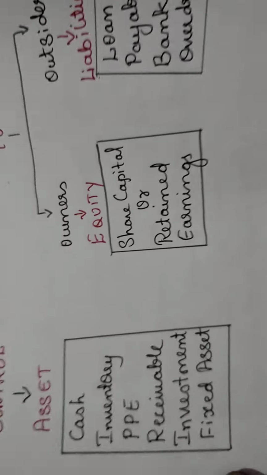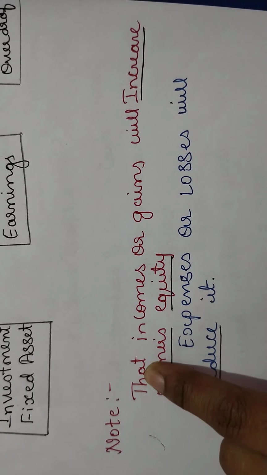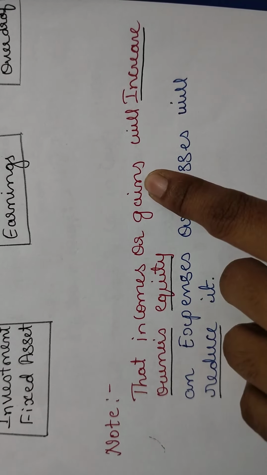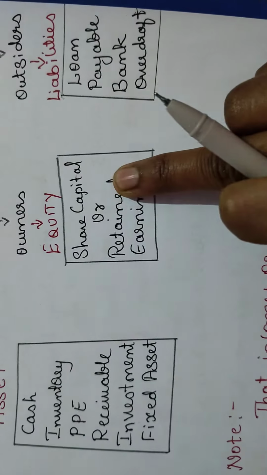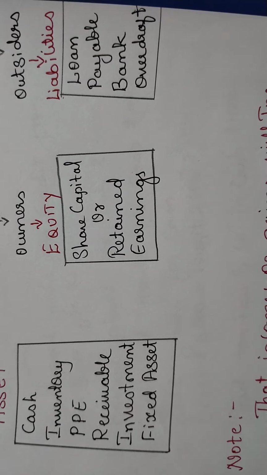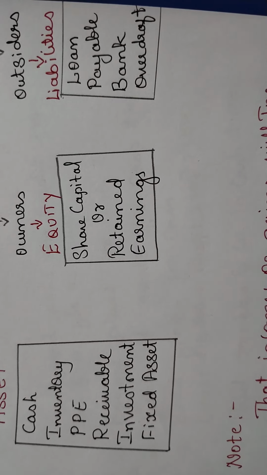Here you need to note that income or gains will increase owner's equity. Now you are an owner. You started a business. You had a two-floor building. On the first floor you are running a business.